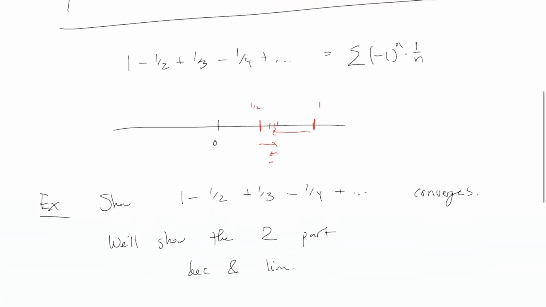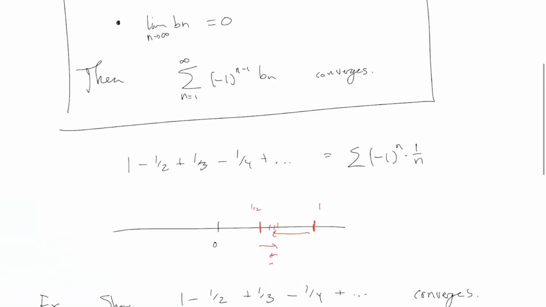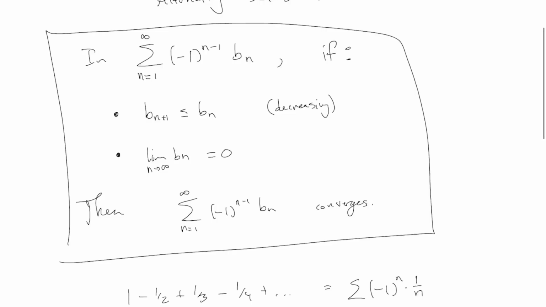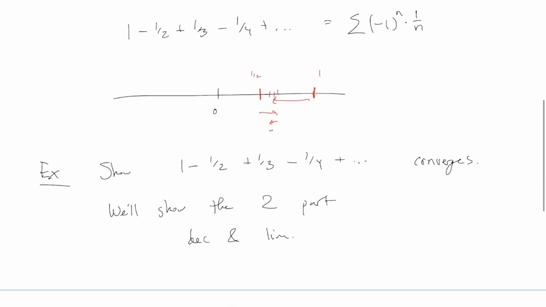Now a little technicality here. When we write this sequence, if you look in the box that I wrote before, the b's are what I'm talking about: the b's have to be decreasing, and then the limit of the b's has to be 0. What are the b's? Notice that in the original series, you have the signs, the plus minus signs, and then the b's. So actually, in this case, the b's are just these numbers, not including the signs.